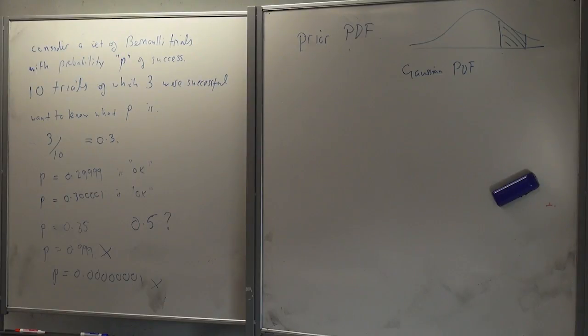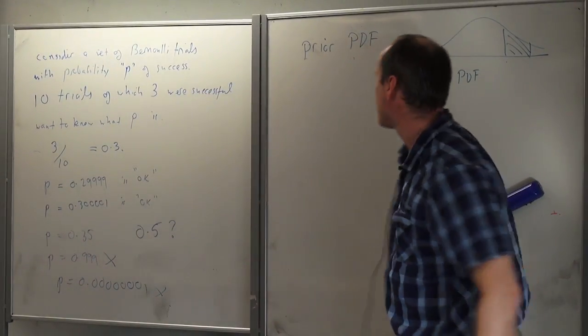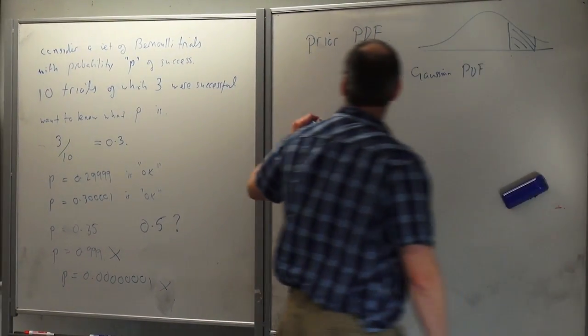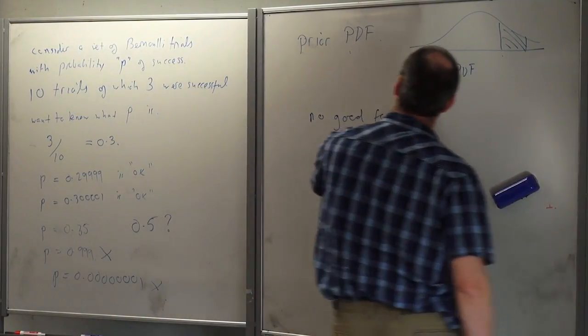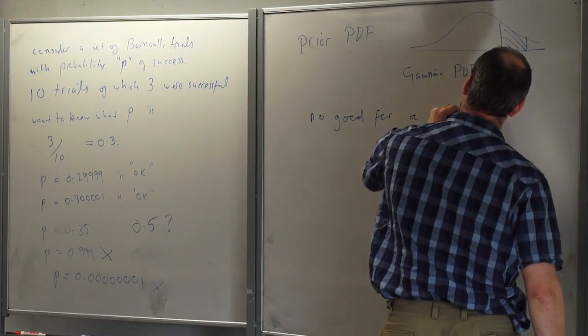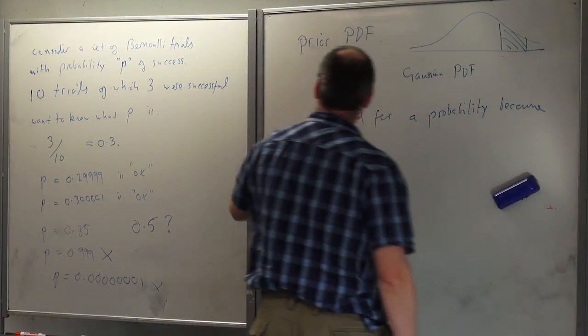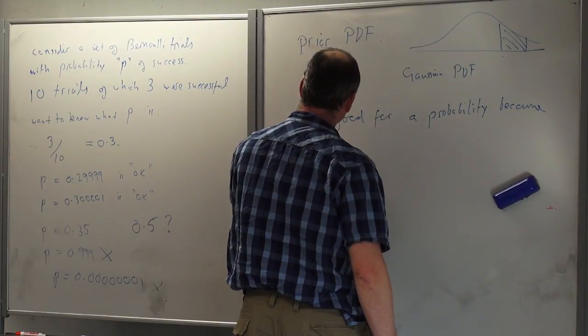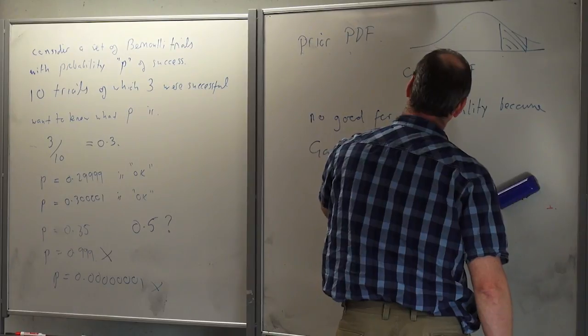I'm being a little bit coy about the precise definition of PDF because to give you a proper definition of PDF, you need a lot of mathematical machinery that's not helpful in this context. This is no good for a probability because the Gaussian PDF is infinitely wide.